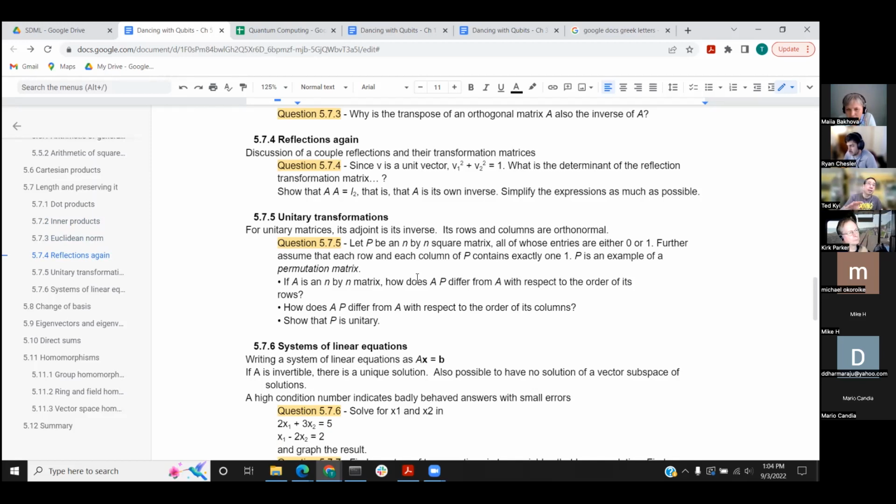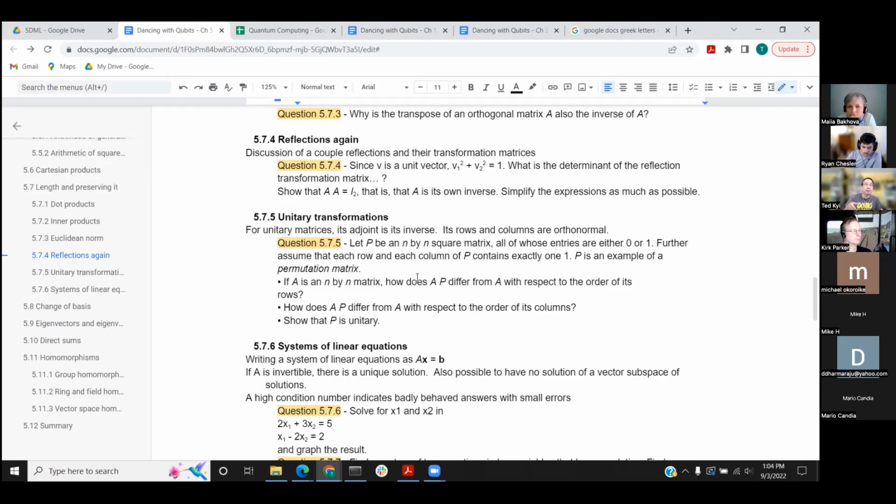I actually like this section because of the picture that I never had before reading this chapter. When you multiply a matrix by its adjoint, what you're basically doing is creating the inner product of each column, each row, with itself.